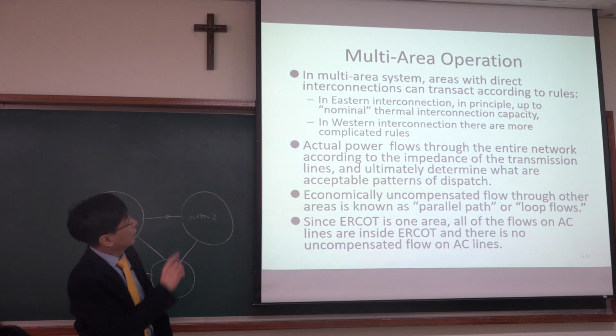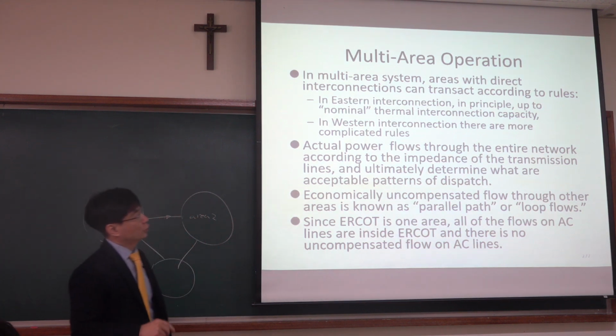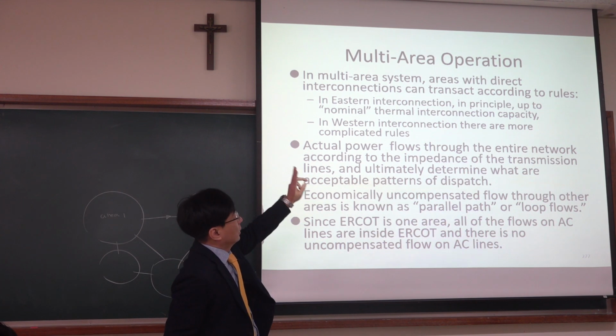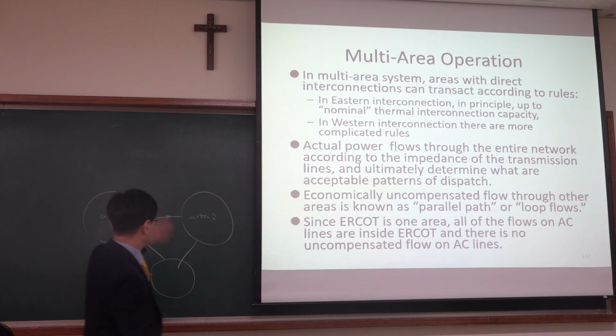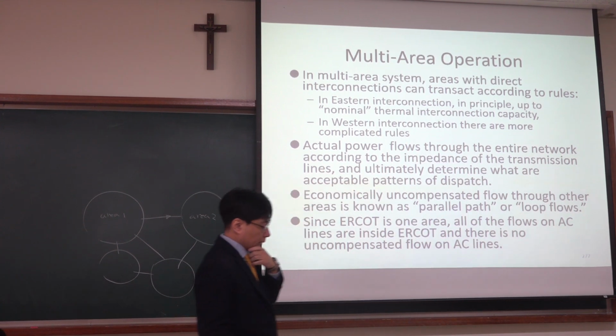So in a multi-area system, areas with direct interconnections can transact according to rules. For example, in the Eastern interconnection, in principle, up to nominal thermal interconnection capacity, the transaction is allowed. In the Western interconnection, there are more complicated rules.